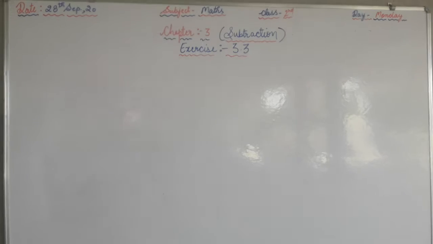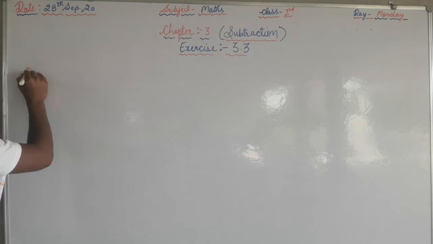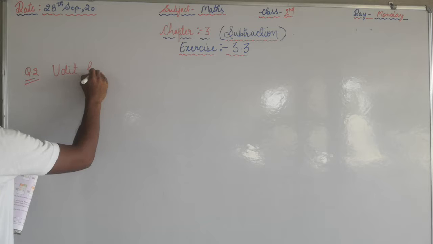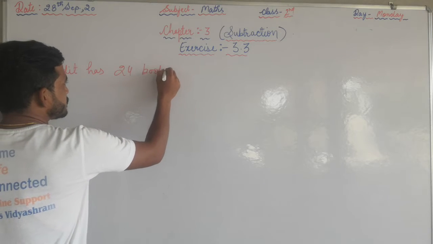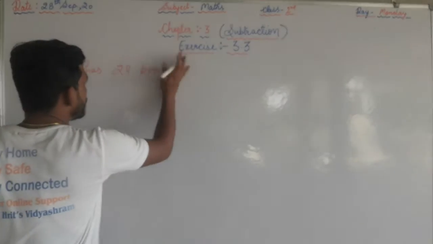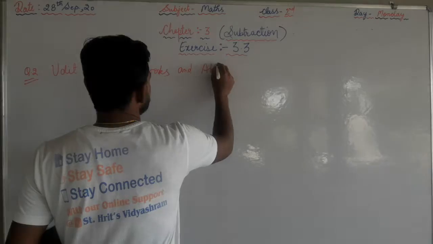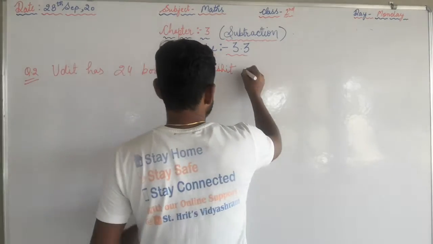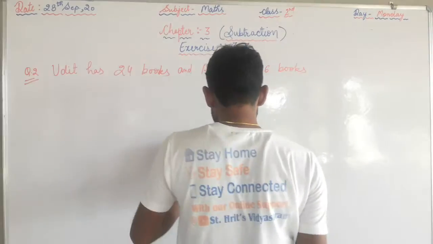Question number 2. Udit has 24 books, and Akshit has 6 books.